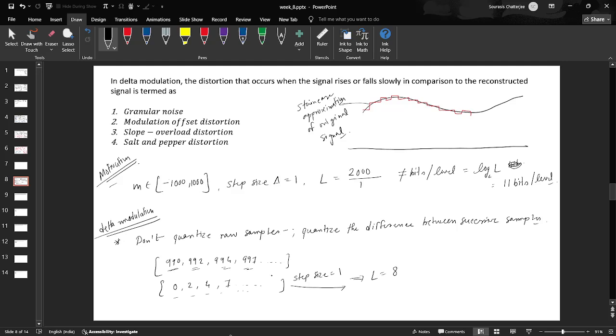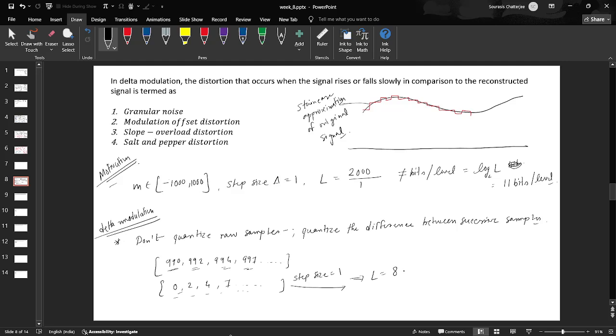Let's say for maximum I'm taking 8: it's 0, 2, 4, 7, let's take up to 8. So my step size remains the same, but the dynamic range of the difference between successive samples is orders of magnitude lower than the actual values. You did not touch the step size, so your quantization error still remains the same, but you manipulate the dynamic range here.